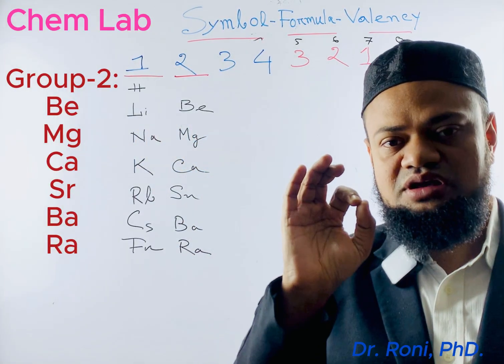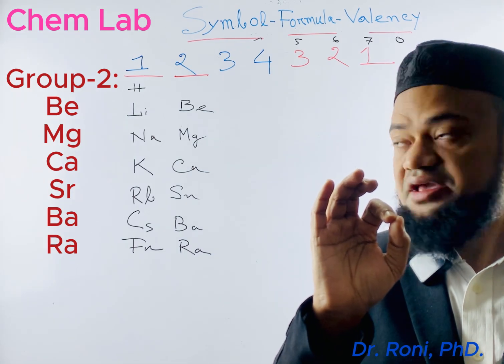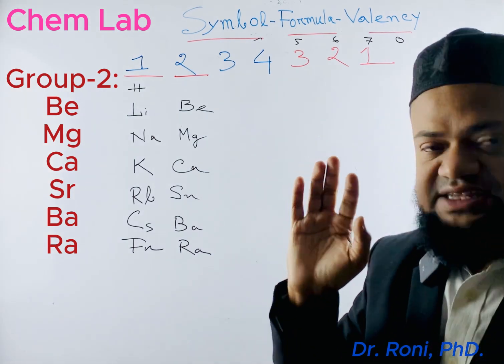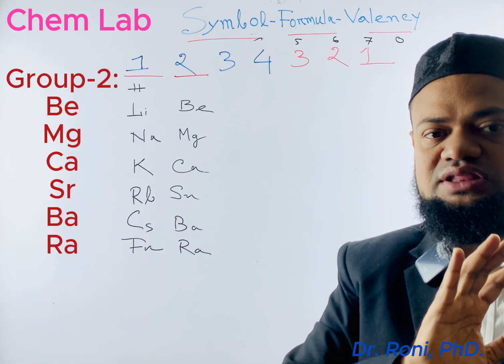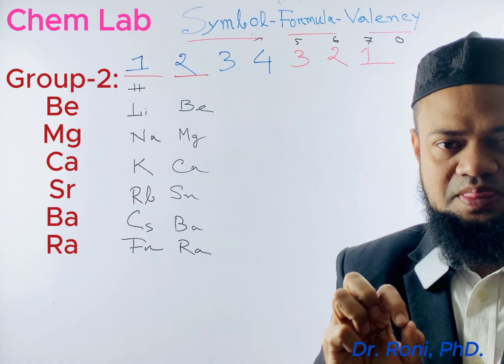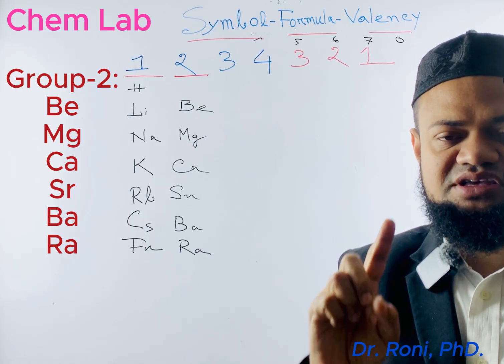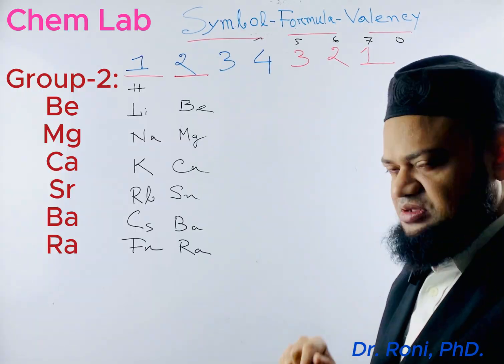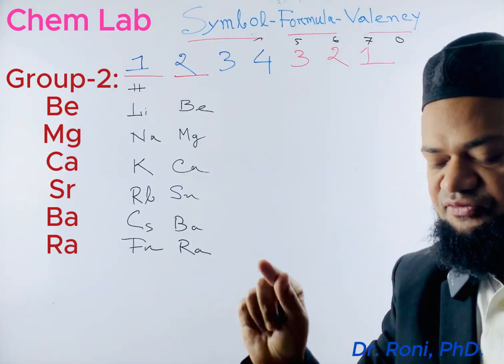Just keep in your mind only 7 elements. I hope all the elements will be in your mind. You'll be able to analyze all the elements just by learning 7 elements. Just after a few minutes you'll be able to learn everything.